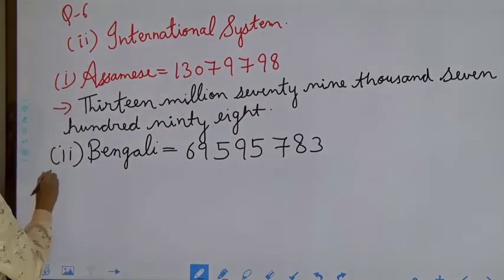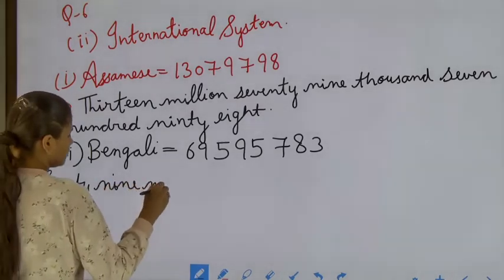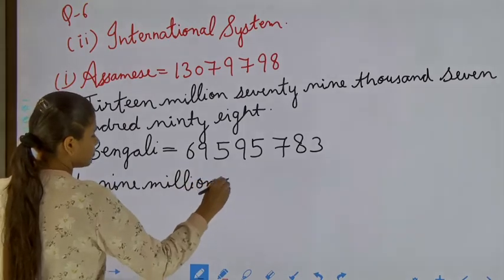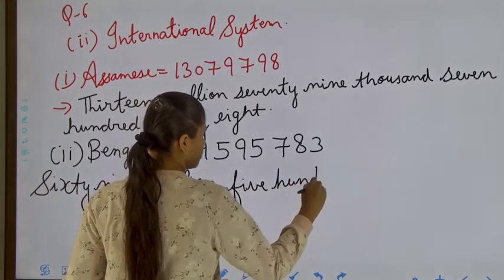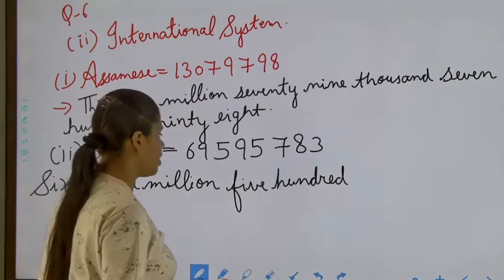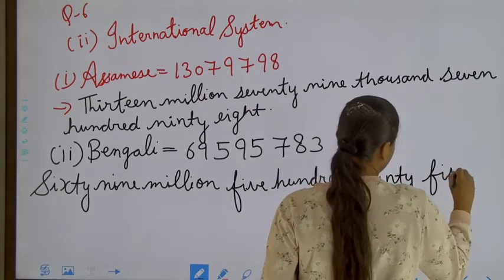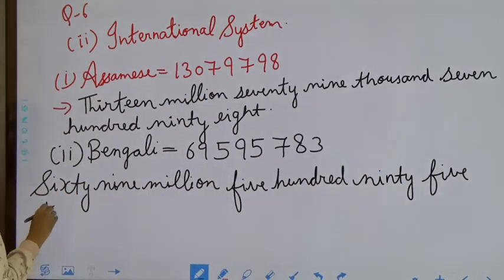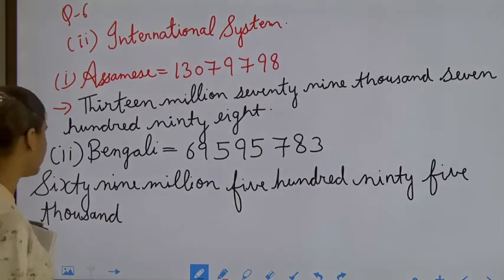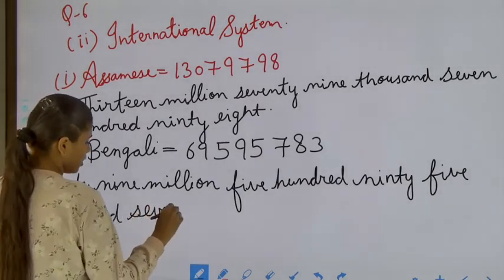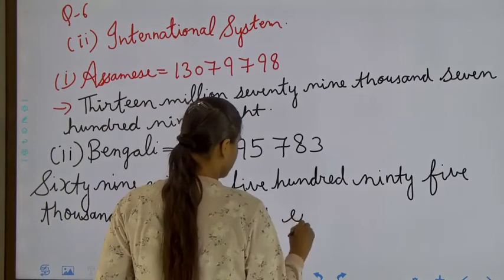That is 69,595,783. Thousand 95,783. 783.